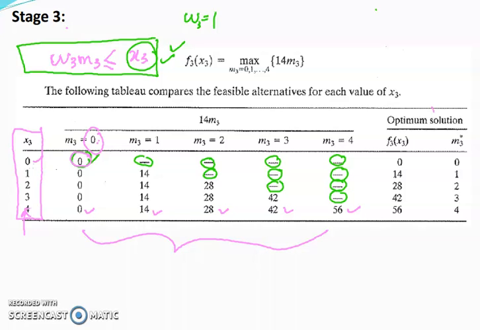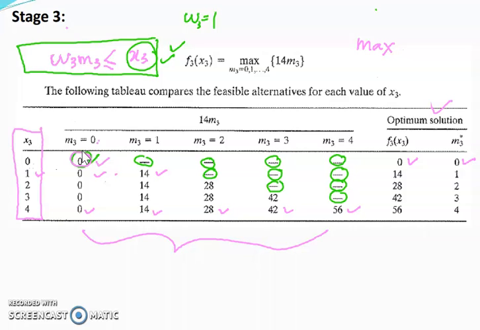Then for the optimum solution, since for this example we want to find the maximum value because we want to maximize the return, for every solution here, for example x3 equals 0, you have no option. This is the only value that we have, 0, so the value is 0, and it comes from 0. When x3 equals 1, you compare between 0 and 14.